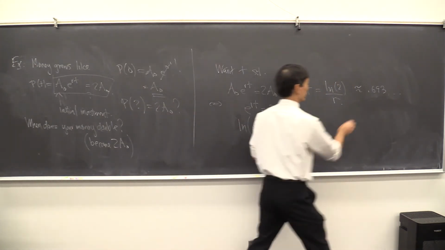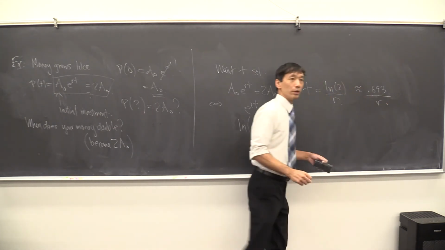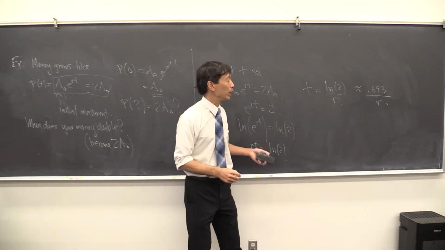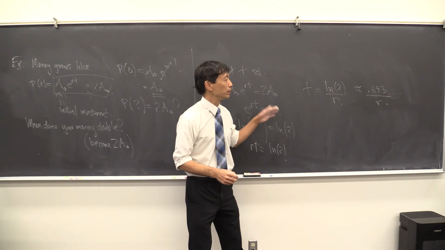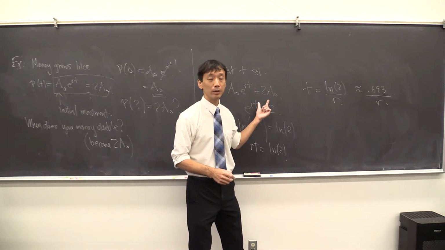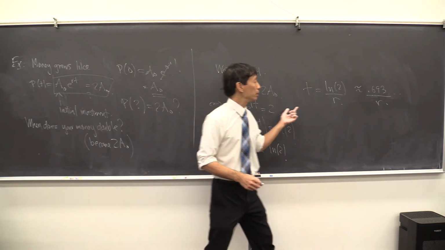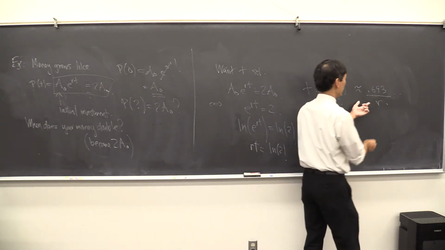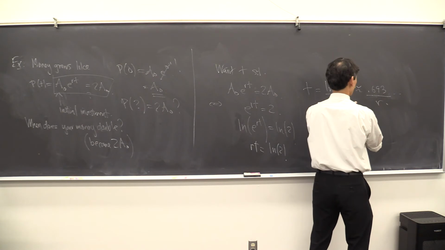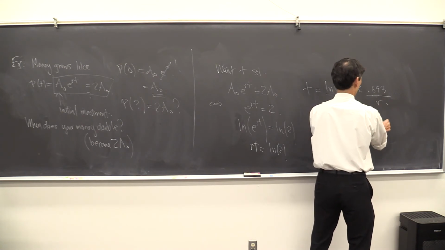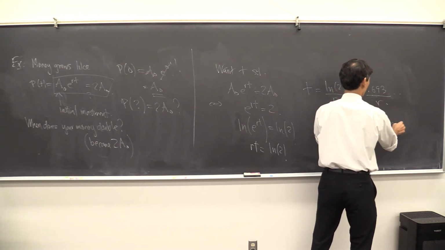So for example, if your investment had a 10% annual rate, then it would take about 7 years to double.